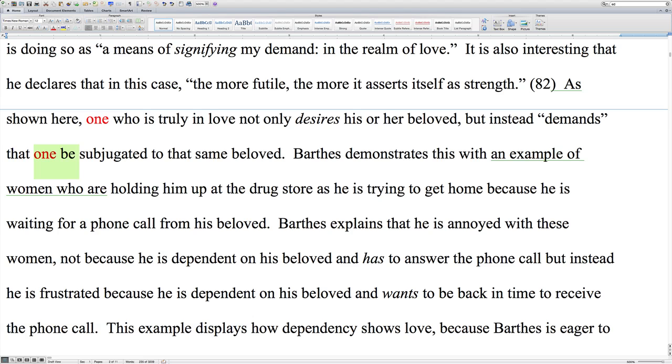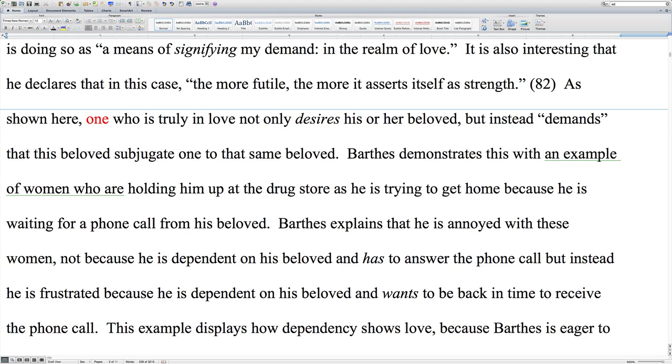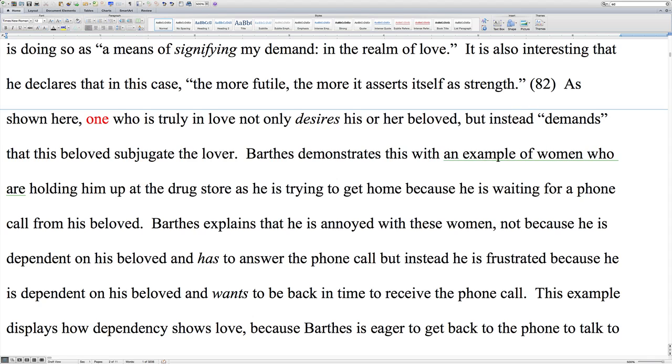So again, it could be that this beloved subjugate one, but instead demands that this beloved subjugate the lover. And here the lover would be that one again. So we could put that in red if we wanted to.